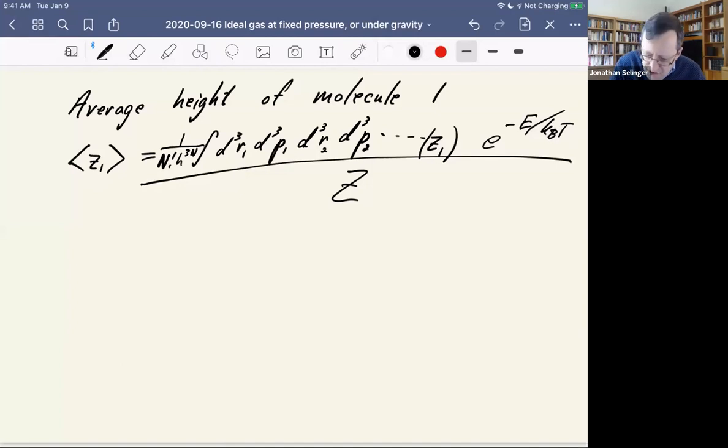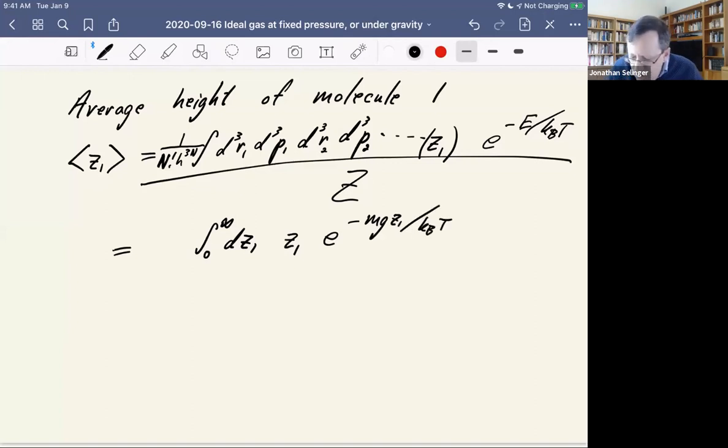And so the only non-canceling integral is in the numerator, the integral dz1 over all the possible values of z1 of z1 e to the minus mg z1 over kT, divided by the corresponding integral in the denominator, which I already told you is kT over mg.